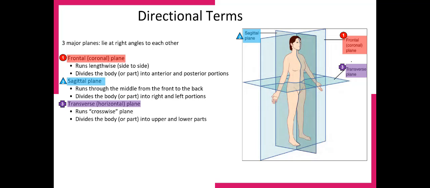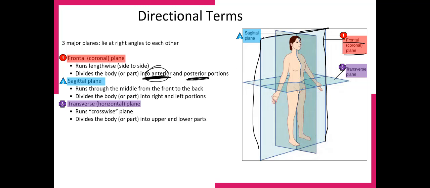So when we talk about the frontal or coronal plane, it's if you were to run a line from side to side all the way down, and it divides the body into a front, ventral, anterior portion, and a posterior, back, dorsal portion, right?